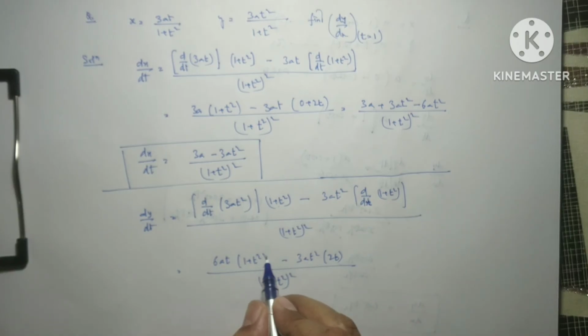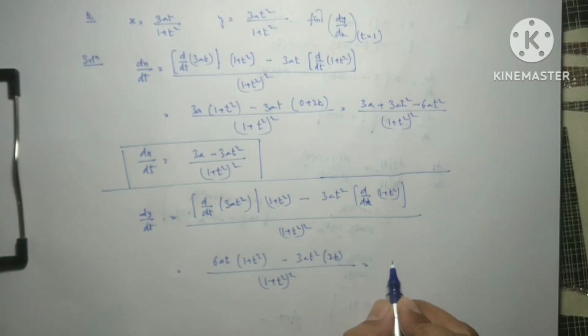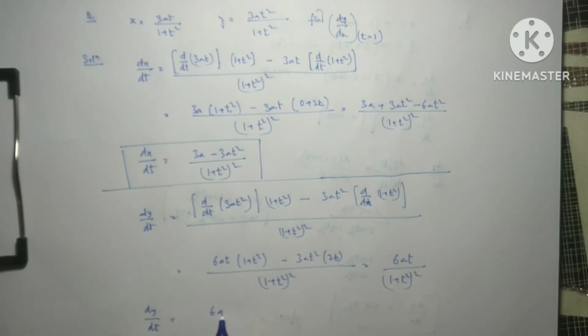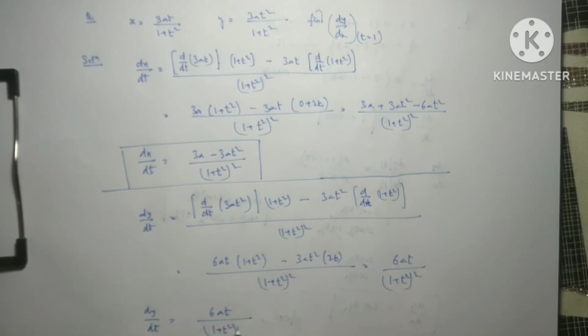There is 6a t cube, it cancels out. Only you get 6a square divided by 1 plus t square whole square. So this is the value of dy by dt. So that is 6a square over 1 plus t square whole square.